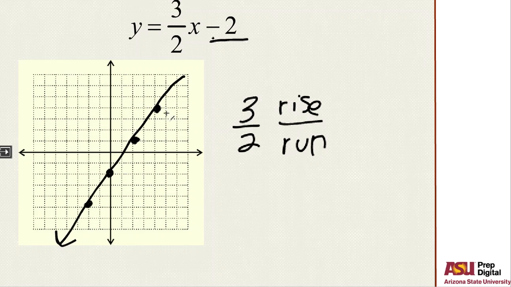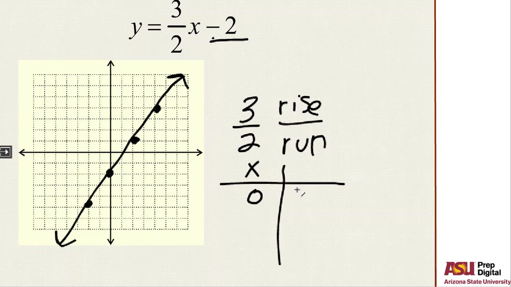Again, if you're unsure and you just want to check, you can make a table of values. What you'll notice here is because we have a fractional slope, there's not going to be necessarily whole number values for every input.